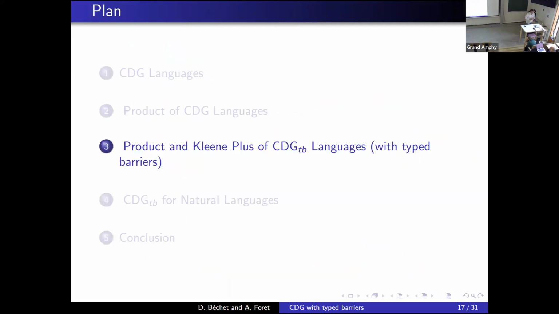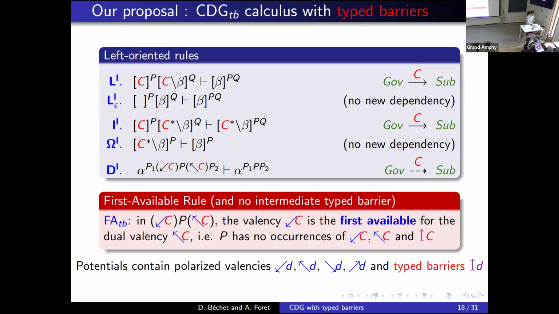But now I want to show you something that is, I think, better: CDG with type barriers. For the same problem, we'll show that it is very easy to make a product, or to make the Kleene plus, of CDG languages.